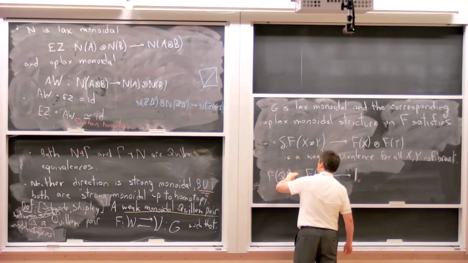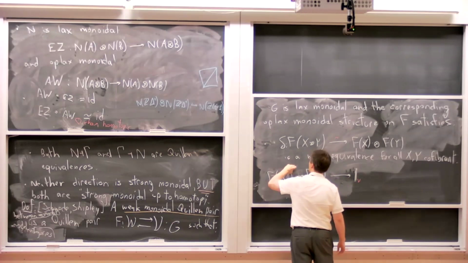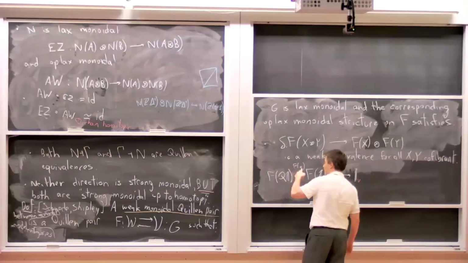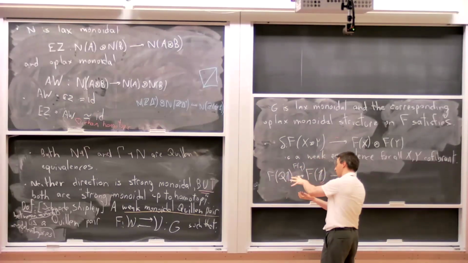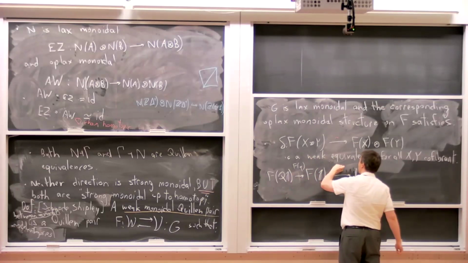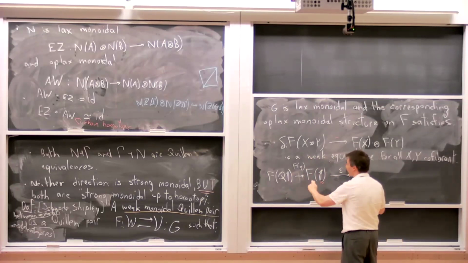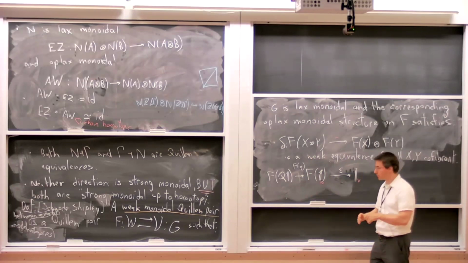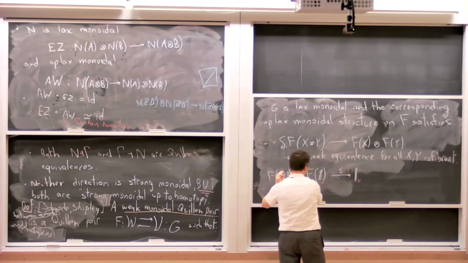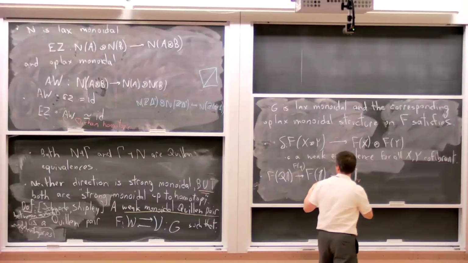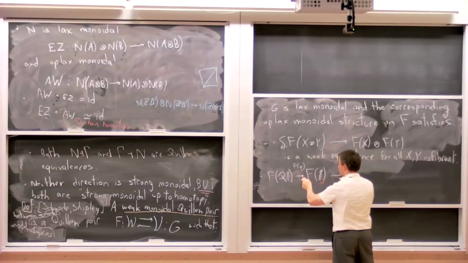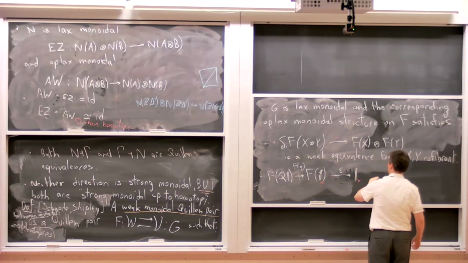That's a cofibrant replacement. It's called little q, the cofibrant replacement map. Apply F to it, and then apply this co-unit map. Really, that's the one that should be a weak equivalence. That's the only map that actually matters here. You don't require that either individually be a weak equivalence.